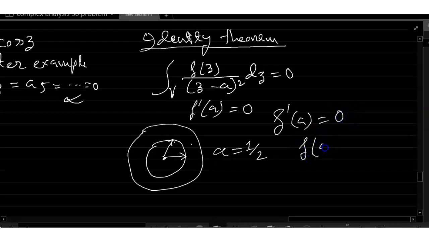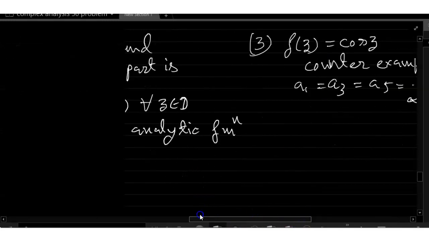So if a equals a constant, because of Cauchy's formula, it is the identity theorem.